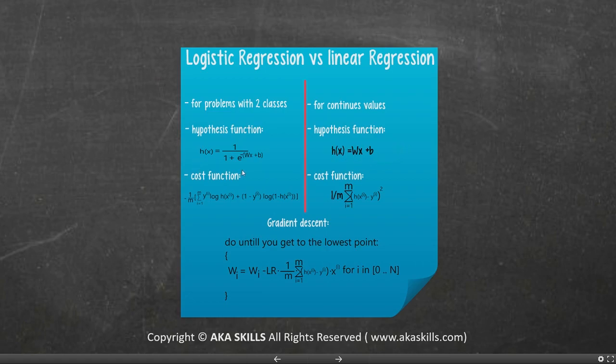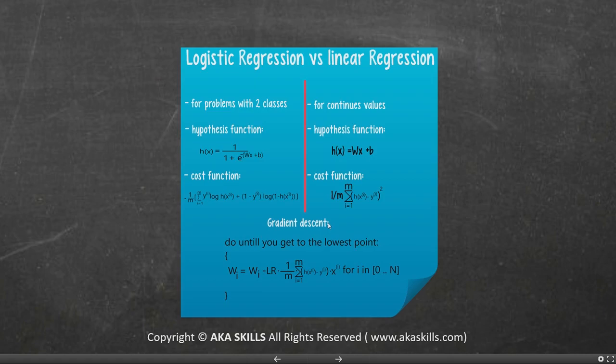The cost function for logistic regression is all this phrase that we didn't learn how we get here, but we know it's the right one because you trust me. Thank you. And the cost function for linear regression is simply the mean square error.